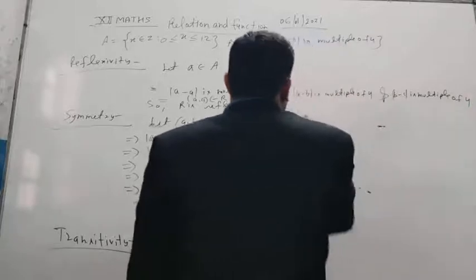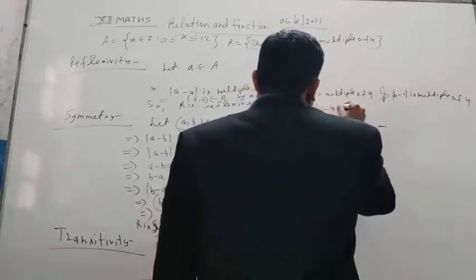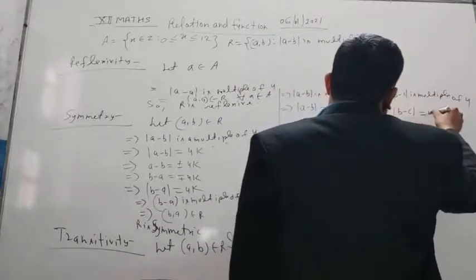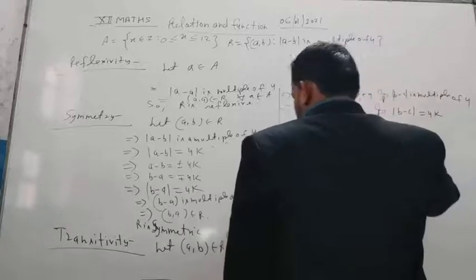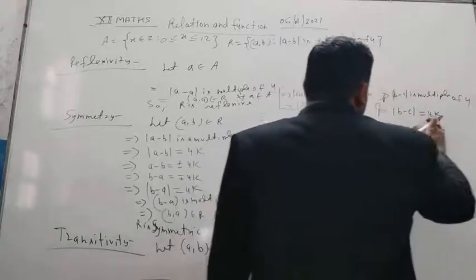This implies A minus B is equal to 4m and modulus of B minus C is equal to 4n. Sorry, right here m and right here n.